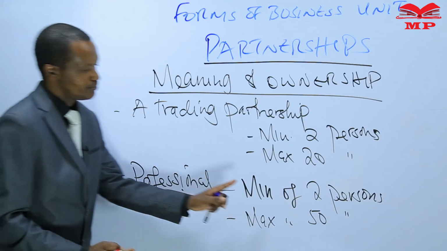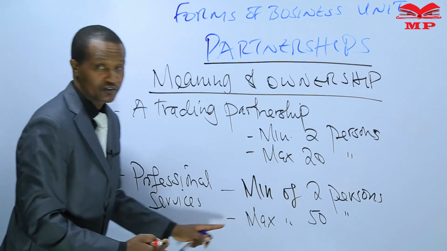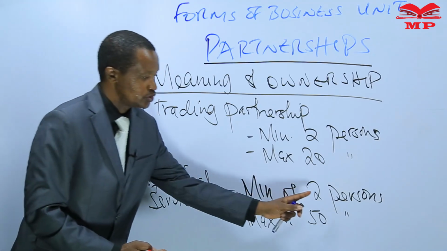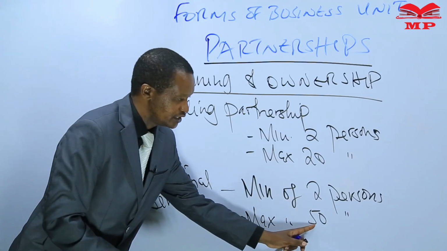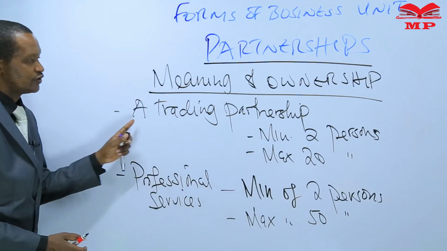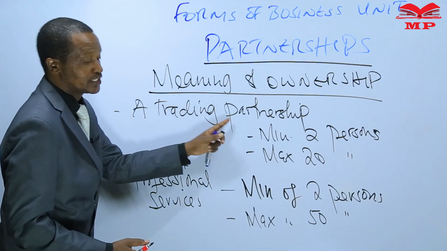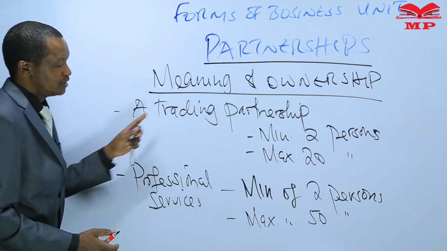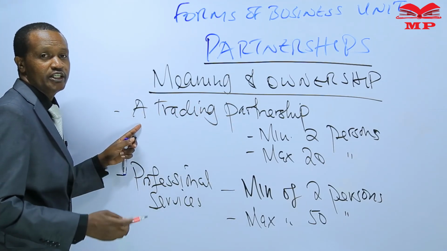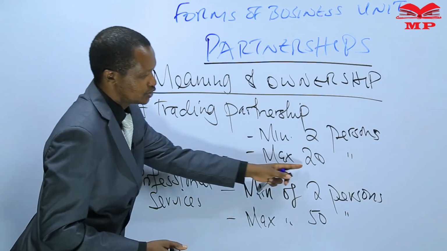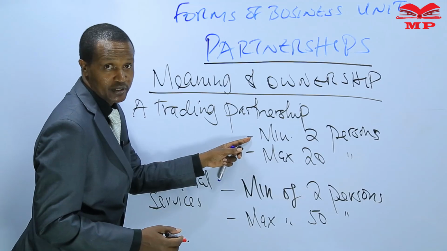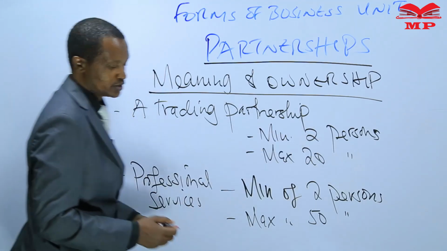Then the minimum number of persons that can form such a partnership is 2, and the maximum number is 50 persons. But for a trading partnership, where the partners engage in the buying and selling of goods, the maximum number is 20, whereas the minimum number is 2 persons.